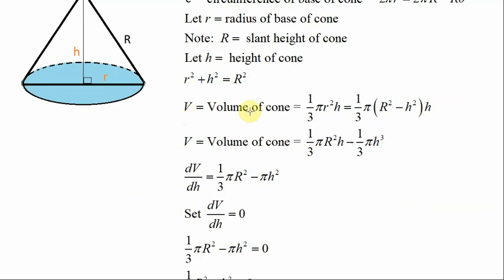The volume of the cone is 1/3 times pi times r squared times h, but r squared is big R squared minus h squared. Simplifying, we get 1/3 pi R squared h minus 1/3 pi h to the third. We want to maximize the volume, so let's take the derivative with respect to h.